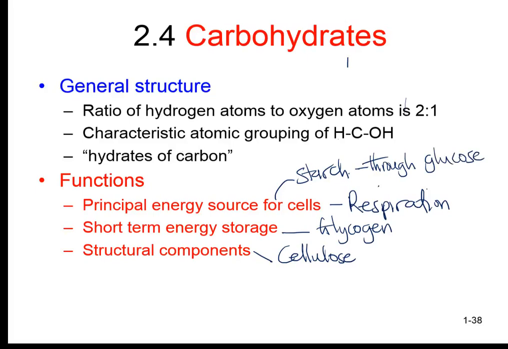Then we have glycogen. Glycogen stores energy for a while until you need that energy. Then glycogen will send the energy back to be used. Then we have cellulose. Cellulose keeps the structure of things. That is cellulose.